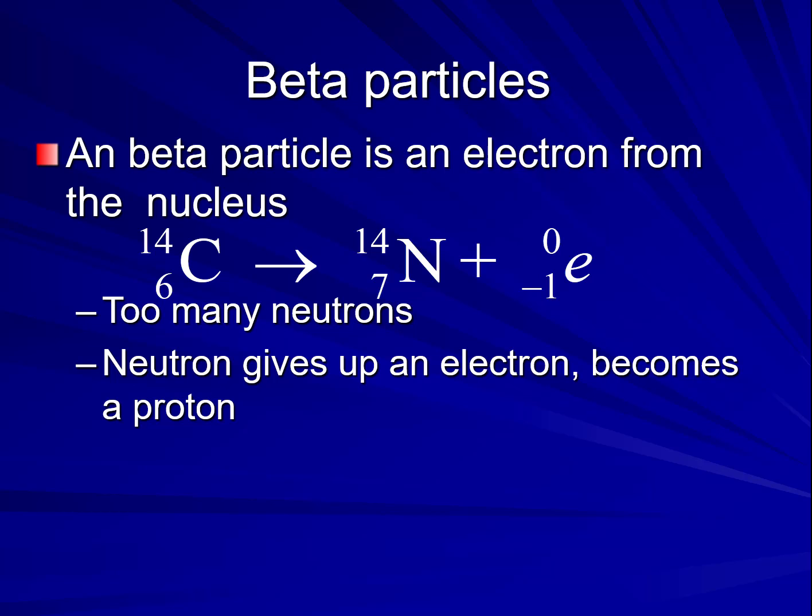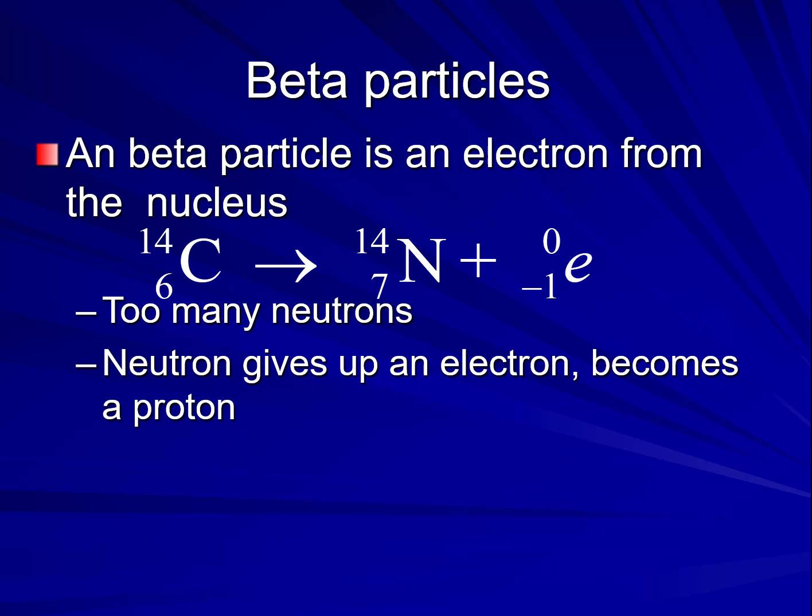Okay, so E for electron, 0 because the number of protons plus the number of neutrons is 0. And -1, why is that there? To make the math work. Does that make sense? You need to make the math work. So they label it that way just so the math works.